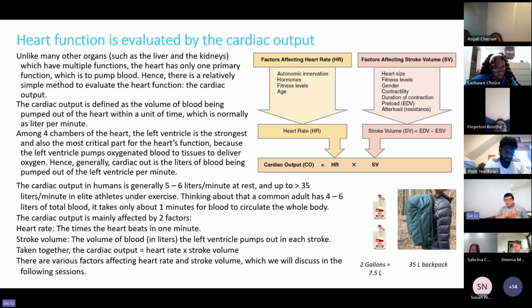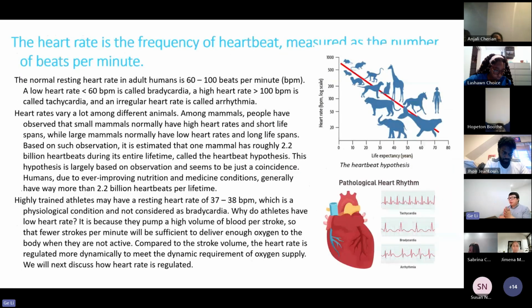And this part is not that easy to change. Sometimes you can feel your heart getting stronger, but overall, in most cases, it is the heart rate that can be largely regulated. The stroke volume is not that easy to regulate. So let's start with heart rate. Does anyone know the normal range of heart rate for humans?